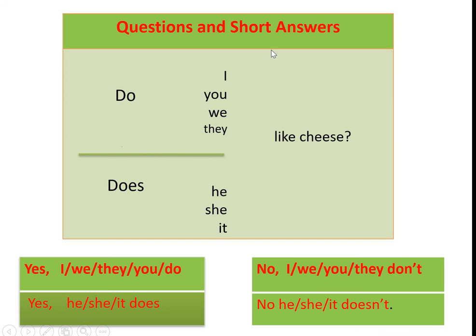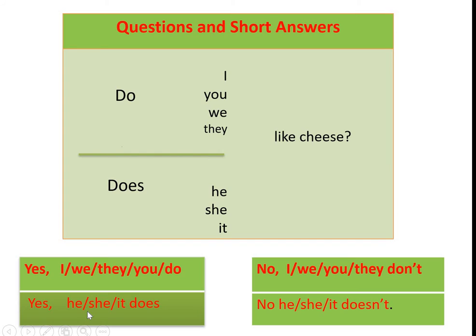If we want to make a short answer for these questions, like "Do I like cheese?", the answer is going to be yes, I do, or yes, he does, or no, I don't, no, he doesn't. And here, you see, with I, we, they, you, it's plural, we use do.